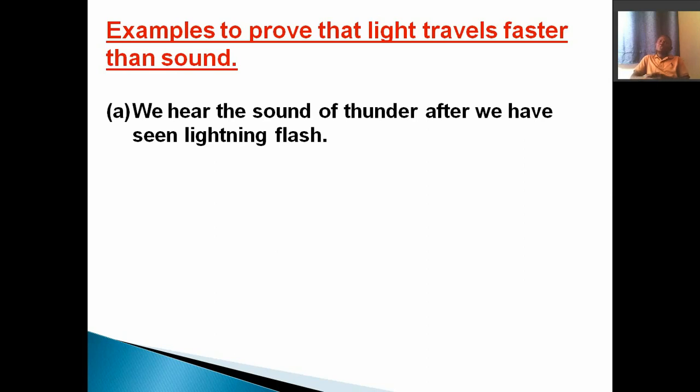When that reaction takes place, light travels very fast and we see it. Then sound comes later on, because sound is slow; it has a slower speed than light.